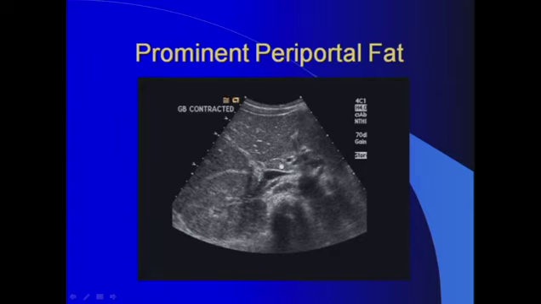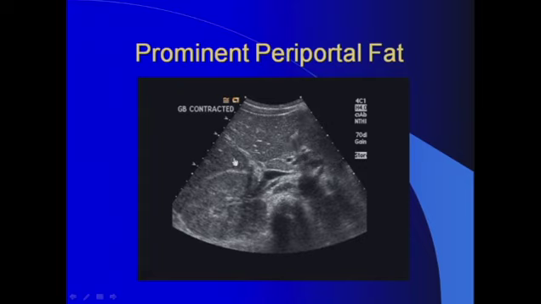a still image showing the prominence of the periportal fat, which is described as the starry night appearance seen in patients with hepatitis. But again, this patient did not have any signs of acute hepatitis. The patient did not have any positive labs suggesting acute hepatitis.